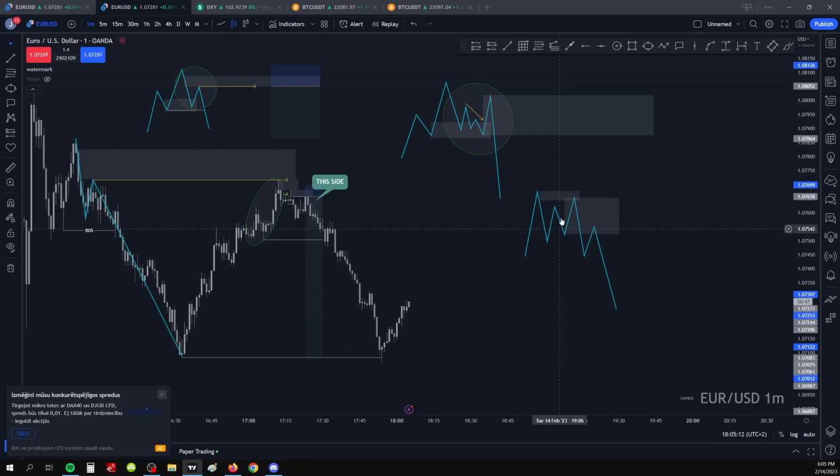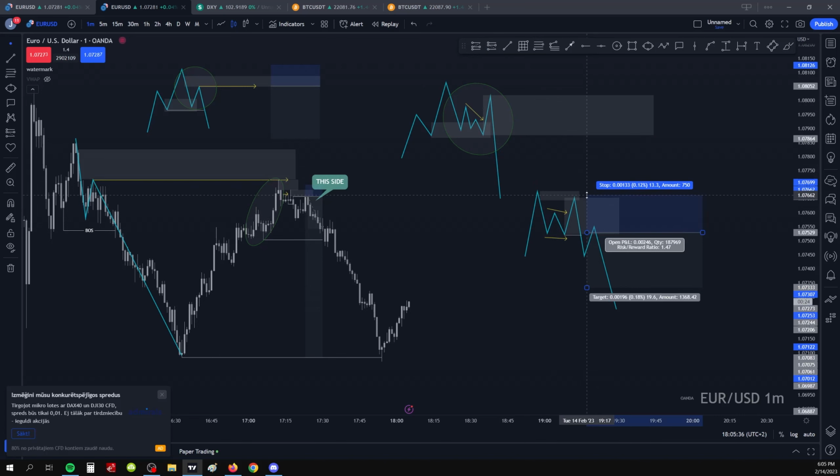Either way, the logic behind it is building a liquidity, builds a liquidity on both sides, takes out one side, breaks, and this is your entry. Here.